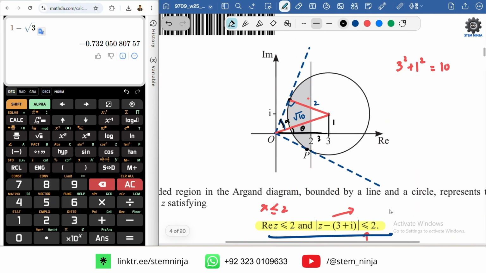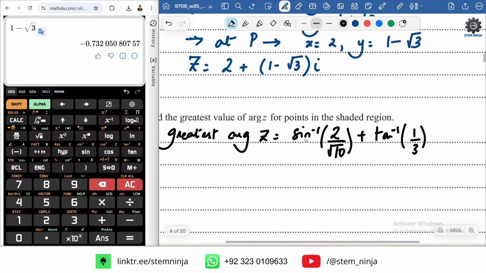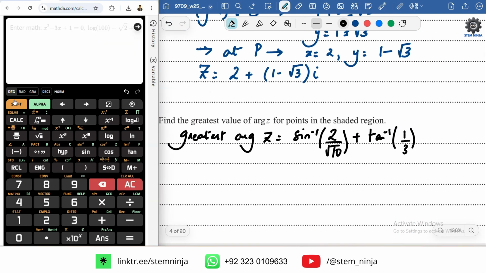Okay, just to make sure: for this angle, opposite is 2, hypotenuse is √10, that means this is a sine, and this is 1, 3, tan. Okay, and that would be it. So that's all what we want.